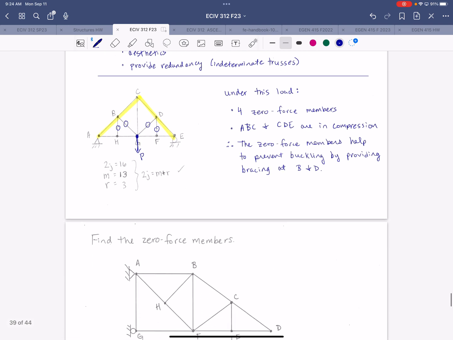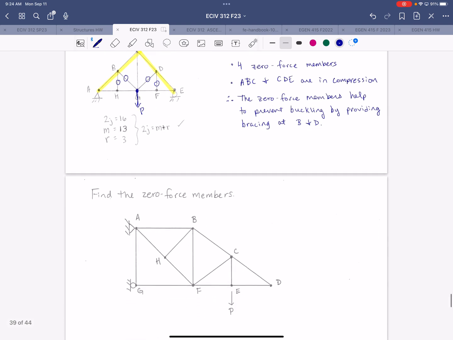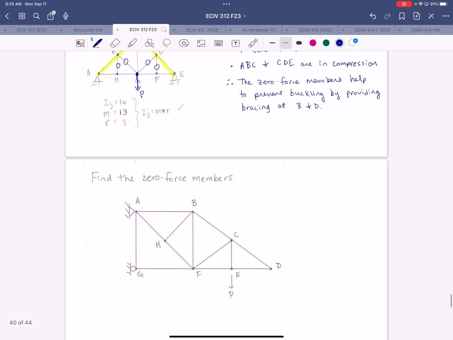All right, so on the next page, you'll get another chance to practice identifying zero force members here. So look at this first truss. Take a minute. How many zero force members can you find?